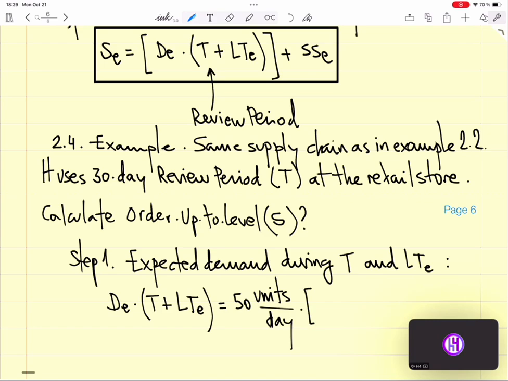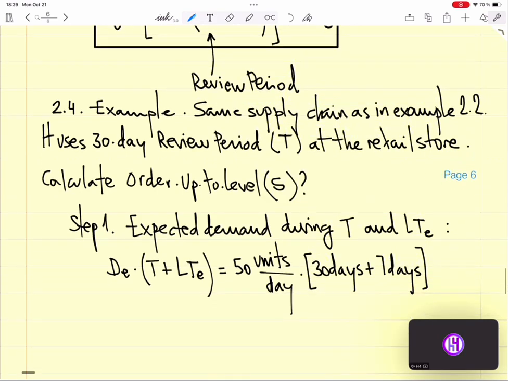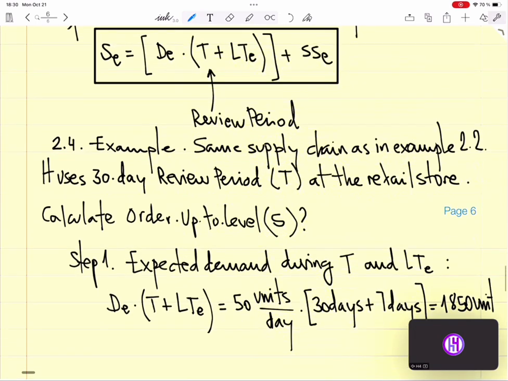Times 30 days, which is T, plus 7 days, which is the lead time for the retail store. So this means 1,850 units. Okay? So I'm just applying the formula. This is the first step.